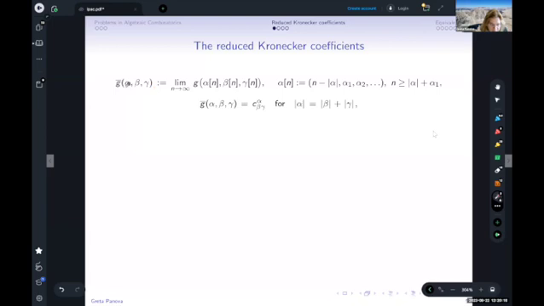The reduced one is g with a bar on top. In particular, Murnaghan's result tells us that when the size of alpha is equal to the size of beta plus the size of gamma, then these are actually our favorite Littlewood-Richardson coefficients.